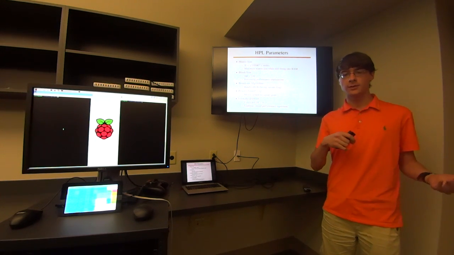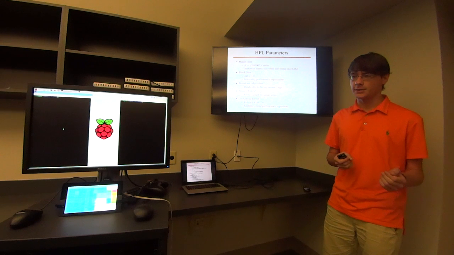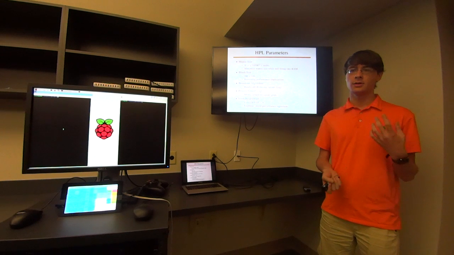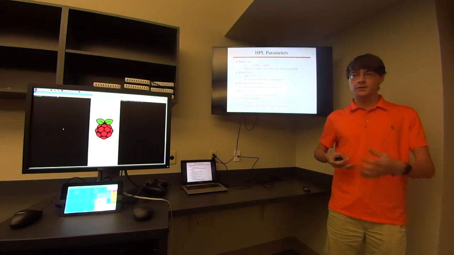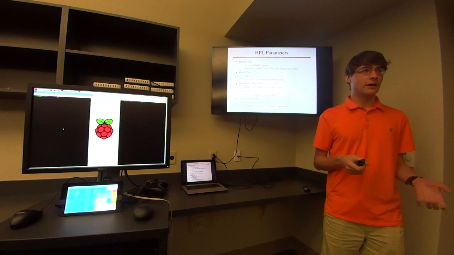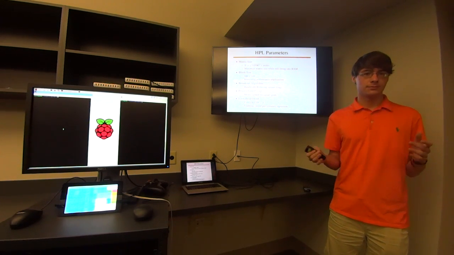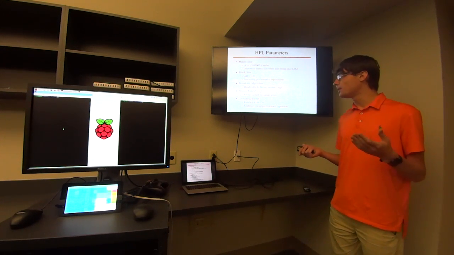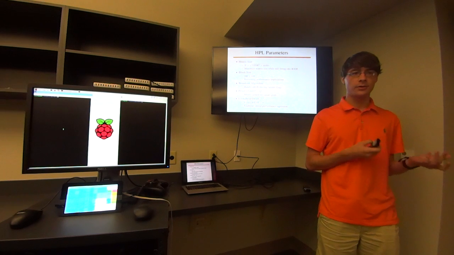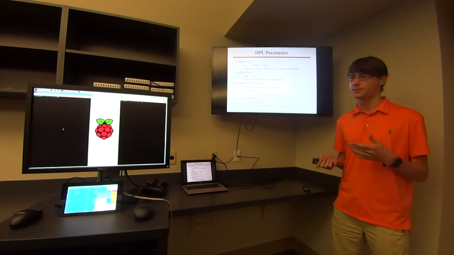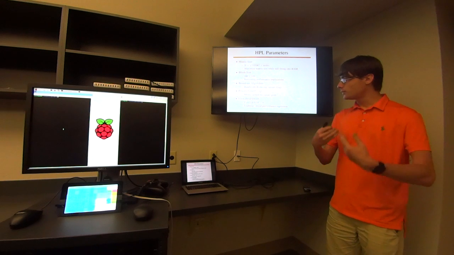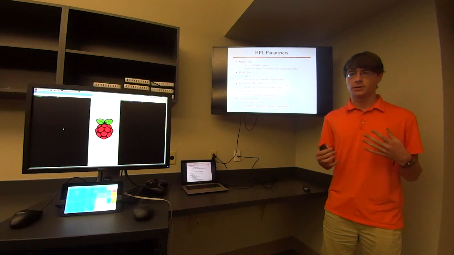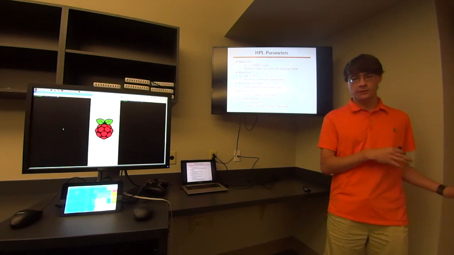The reasoning behind this is if you look at the memory utilization on a single node, you can maximally hit about 10,500 as your order of matrix, or your size of your matrix, and fit into RAM and not incur any swapping penalties or run out of RAM. So you want to try to maximize, in most cases, your matrix size for performance reasons, but you want it to all fit into your RAM.